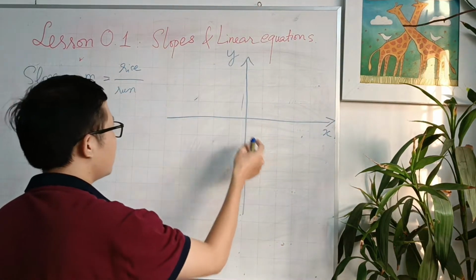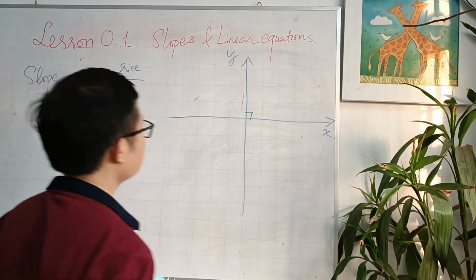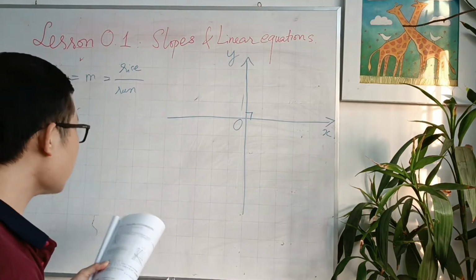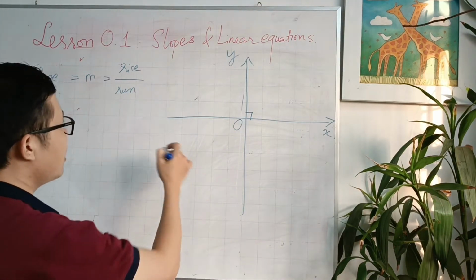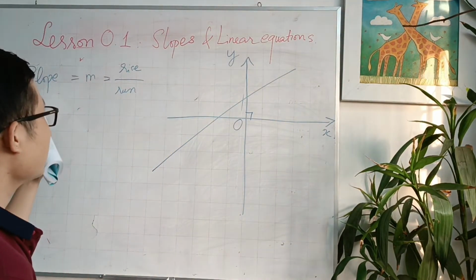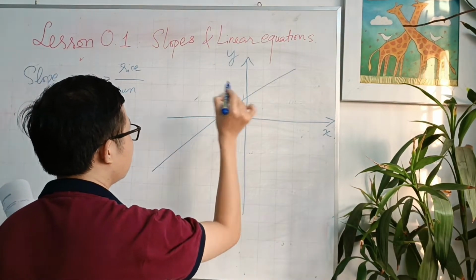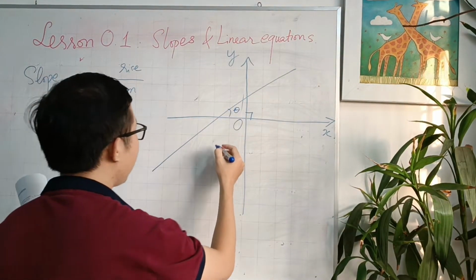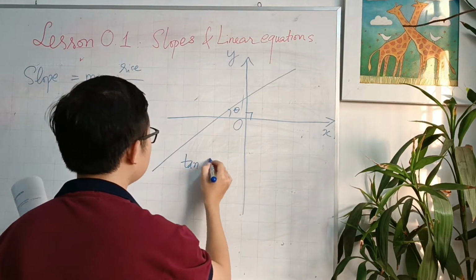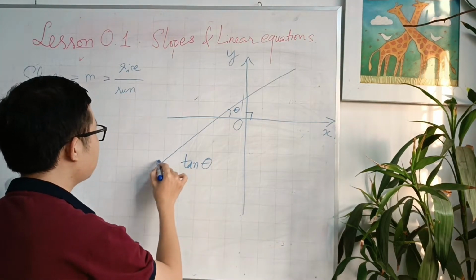The two axes are perpendicular to each other, and we have an origin O. We have a line. The slope is related to the angle theta here, and the tangent of this angle, tan theta, is also the slope.